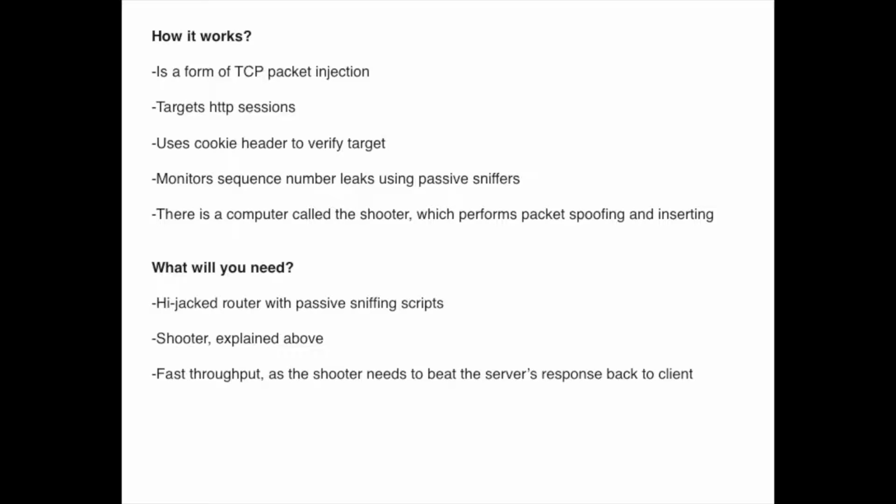This is where the tip-off comes into play, as the tip-off not only notifies the shooter that the victim is trying to send out an HTTP GET request, but also the sequence number and acknowledgement number of that request. The tip-off can also identify the target using a cookie header to verify the target's computer.